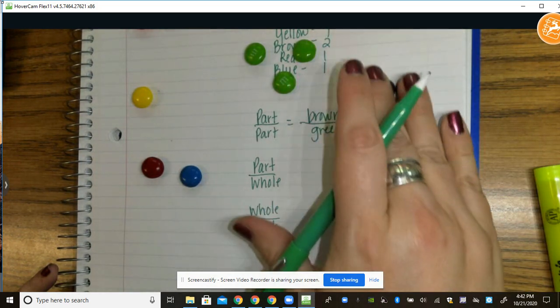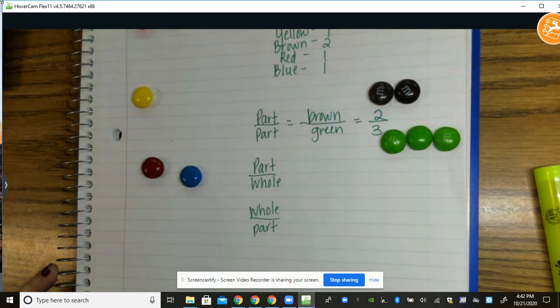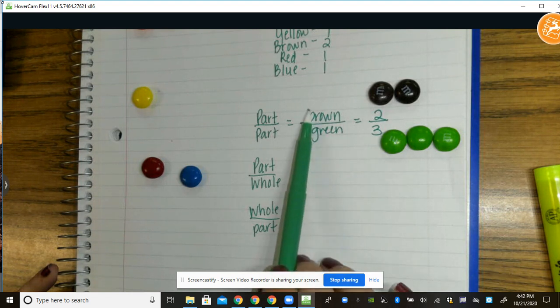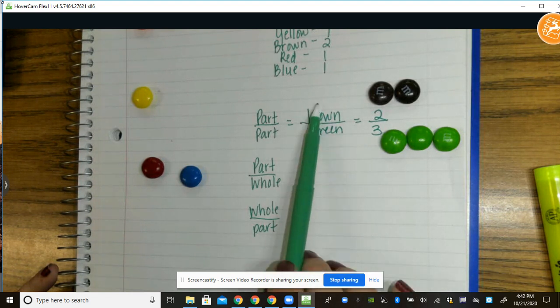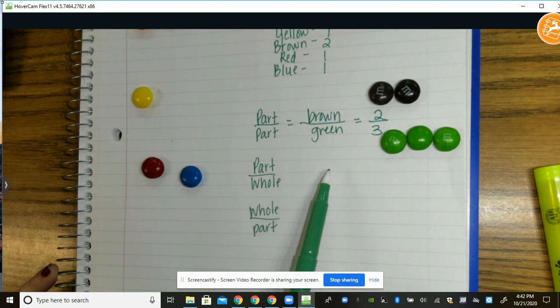So my ratio is a 2 to 3. So if I did it with my M&Ms, there it is. Because 2 represented brown and 3 represents green. Do you see how it's kind of labeling here? Get in the habit of doing that. It will help you so much, guys. So now let's look at part to whole.